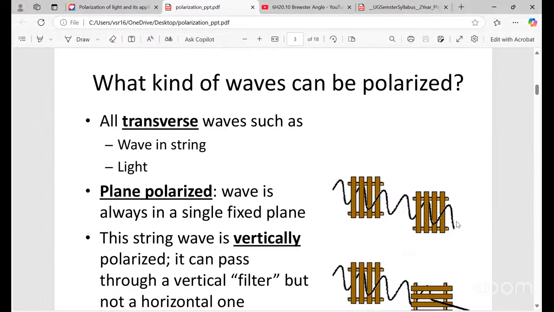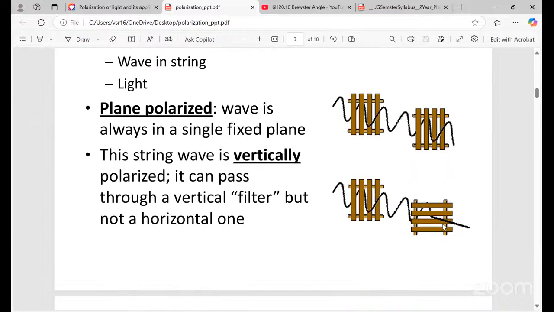So you can see that the string wave is vertically polarized here. This is the string, and this is how the energy is transferred. Okay. And here it can pass through a vertical filter. See here, in this, only the transverse wave is passing through this vertical filter.